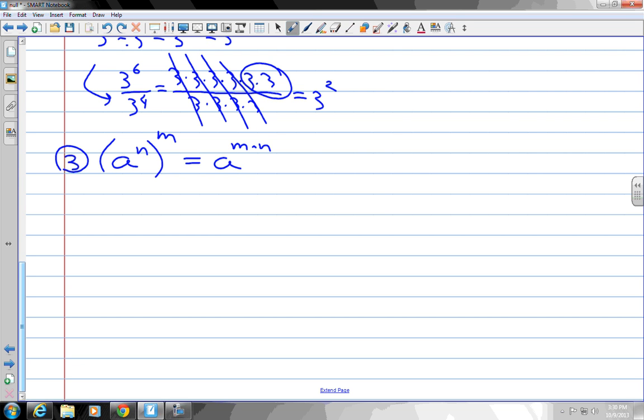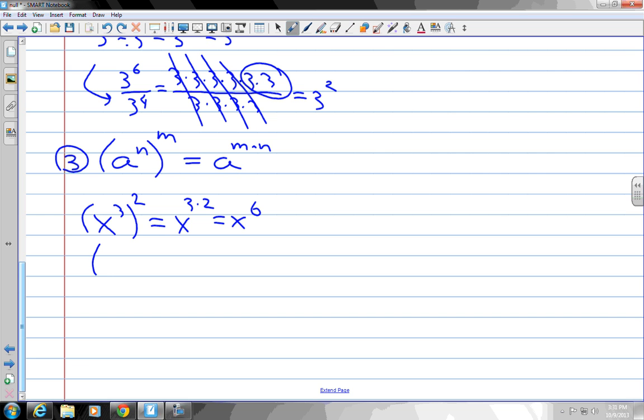And again, one way to see that, let's say if I have x cubed squared. According to this rule, it's going to be what? X to the 6. That's right. We're just going to multiply 3 and 2 to get x to the 6.